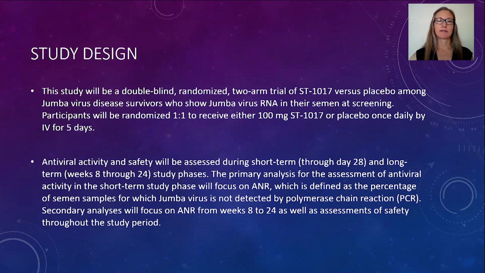Antiviral activity and safety will be assessed during short-term and long-term study phases. The primary analysis for the assessment of antiviral activity in the short-term study phase will focus on ANR, which is defined as the percentage of semen samples for which Jumba virus is not detected by polymerase chain reaction, or PCR.